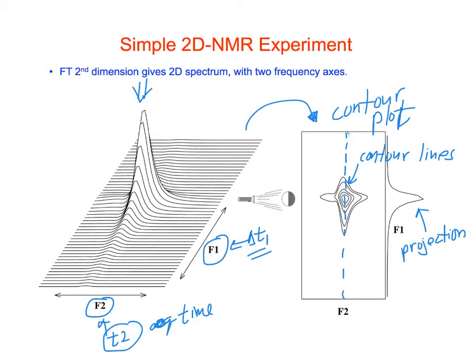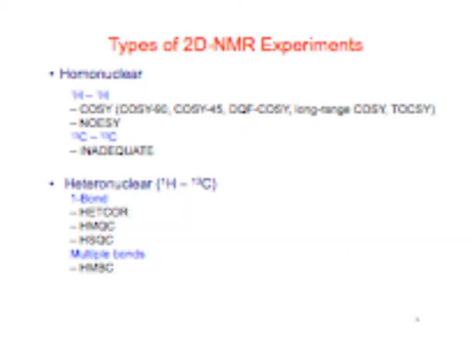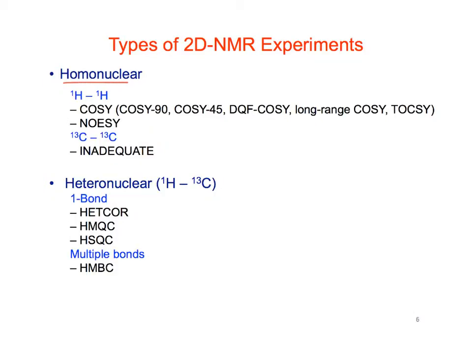Okay, so we have quite a few two-dimensional experiments that can be done, and in fact the list is way bigger than this, right? But we're going to break them into two general categories. The first category is the homonuclear experiments.